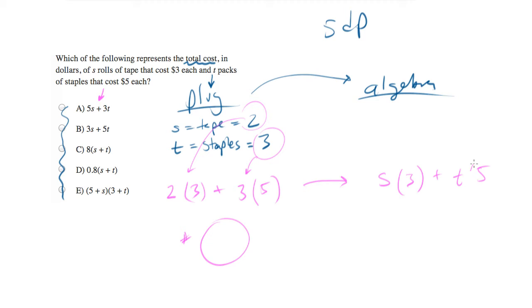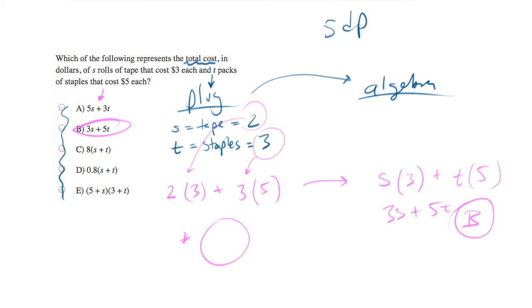And this should be our answer. So if I rearrange this to 3S plus 5T, do we have 3S plus 5T? Yes, we do. That's answer choice B. And boom, that's a great example of starting with plugging in and then bailing out and switching to algebra.